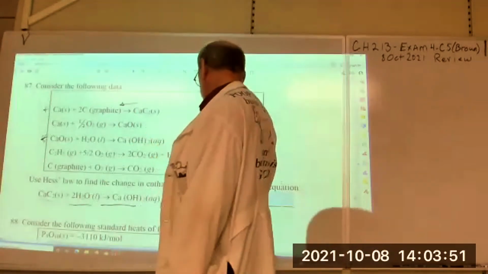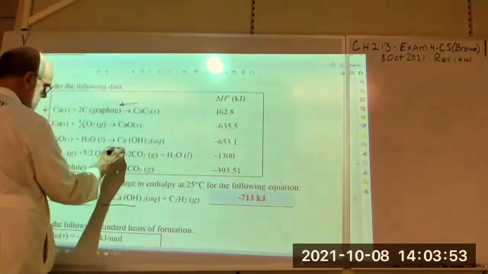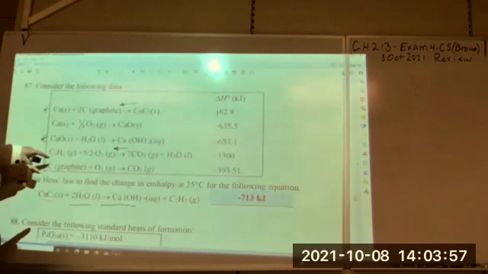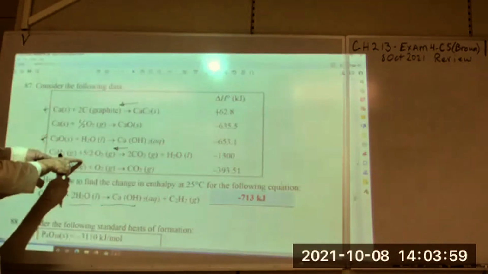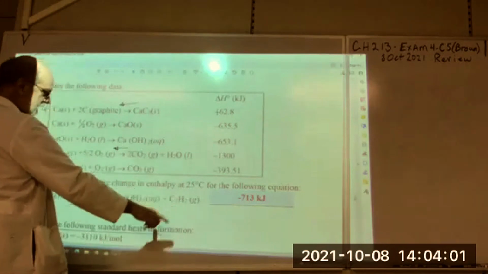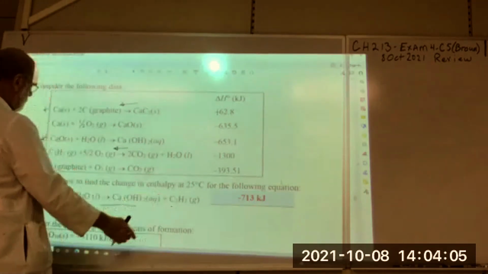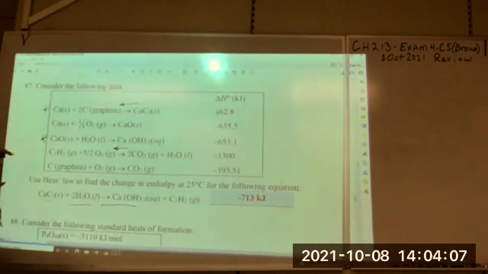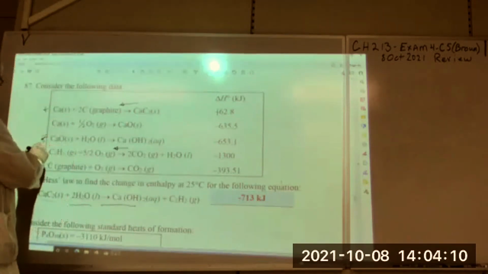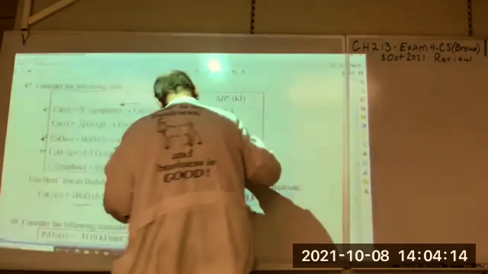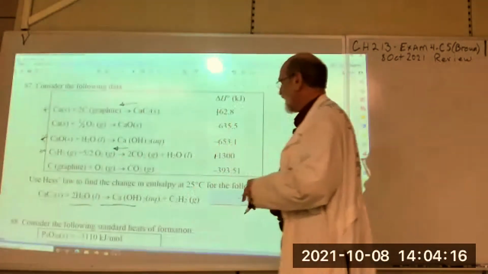This one needs to go the other direction. You need to flip it. Put acetylene on this side over here. And there's one of them here. So that one flipped will be good. But the sign here needs to change. It needs to be a positive.